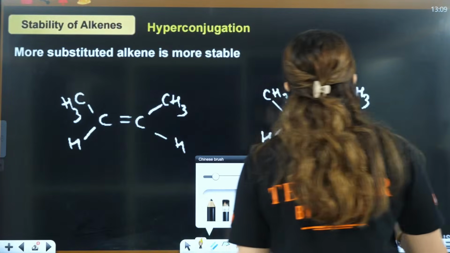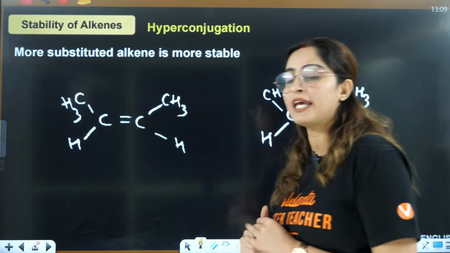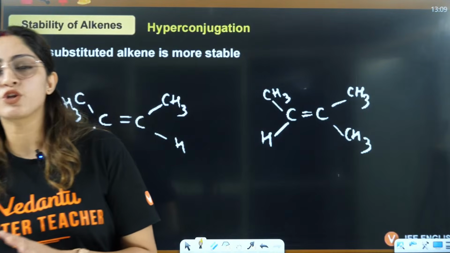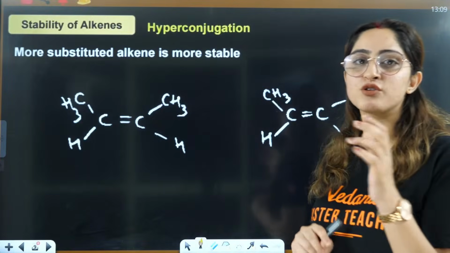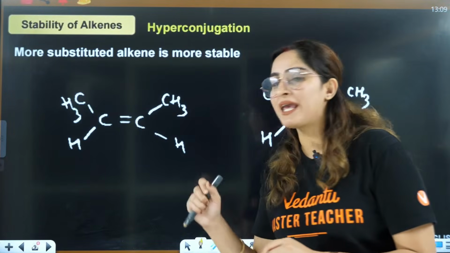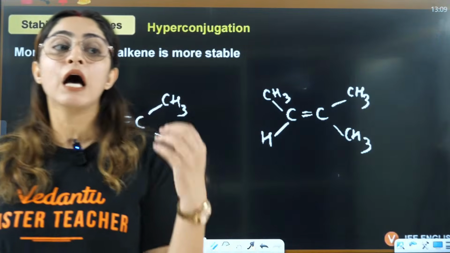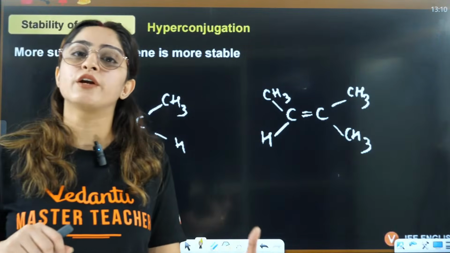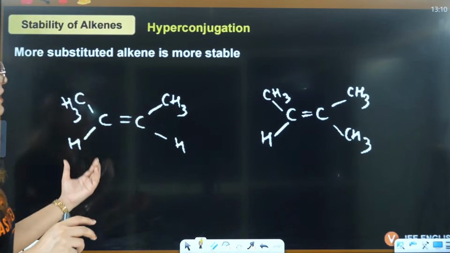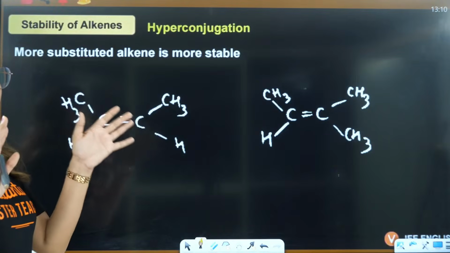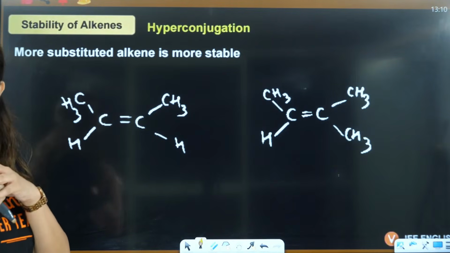Next, let's talk about the stability of alkenes. Which alkene will be more stable? This also, guys, we have done in GOC, that is hyperconjugation. Based on the hyperconjugation structures, we can tell how many hyperconjugation structures it will form. That will tell you the stability of that alkene. For example, the more the number of alpha hydrogens, the more will be the stability of the alkene.